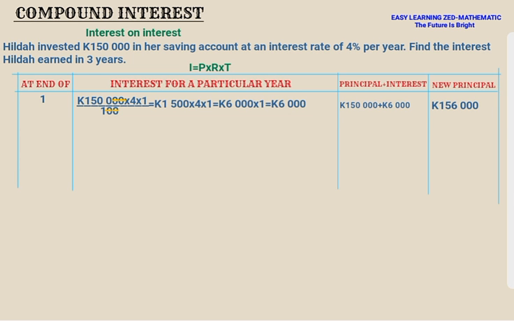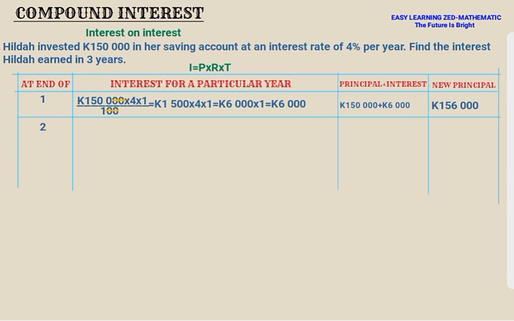Okay, then the next thing we're going to do is find the interest and the new principal she had at the end of the second year. So we're going to write second year there, year 2, at the end of year 2.